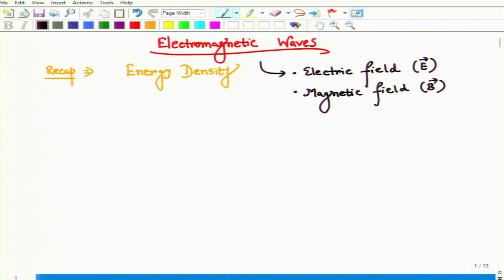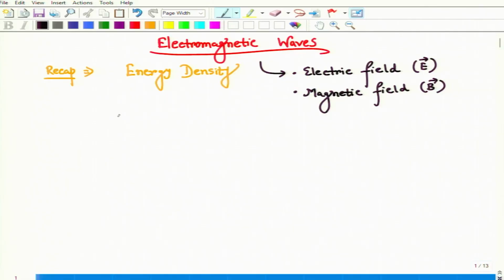So as the electric field is there and the magnetic field is there, there is some energy corresponding to the electric field and also to the magnetic field as well. Okay, so let us define the energy density.